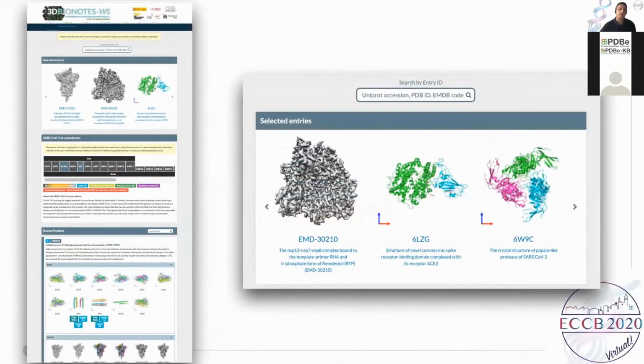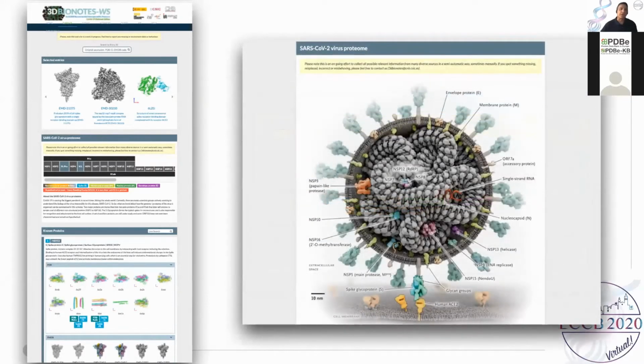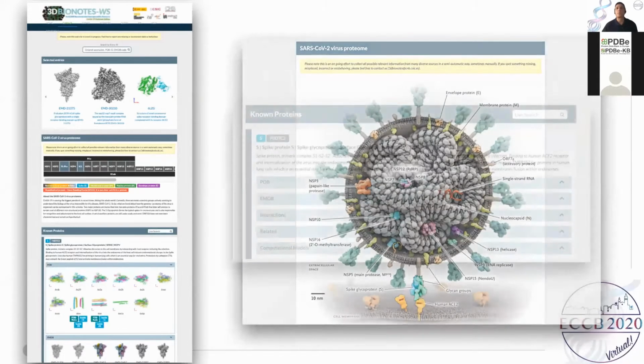In this new section, apart from some interesting examples at the top of the section, we have added simplified schemas of the proteome of the virus, and more recently, a nice infographic that can be used as a kind of index with links to the corresponding subsections of every protein in the virus.